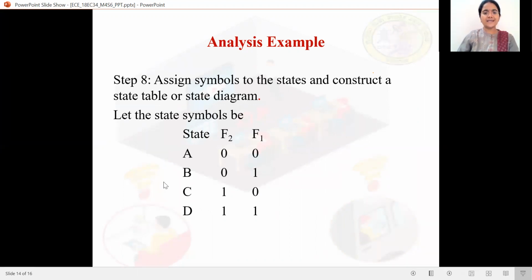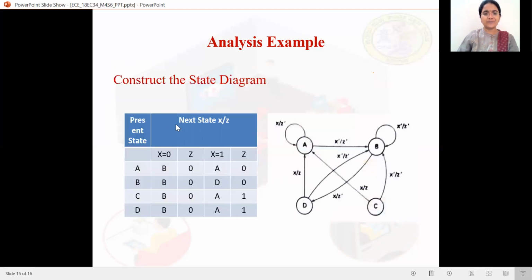After assigning the symbols to the state values, we have to write the state table. This is the state table. The state table contains the present state, next state, x/z. We can write this transition table in this way also, but here we are writing the states in terms of symbols, whereas we were writing in terms of binary values.